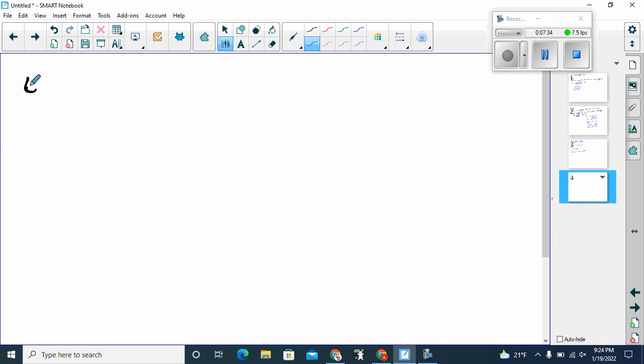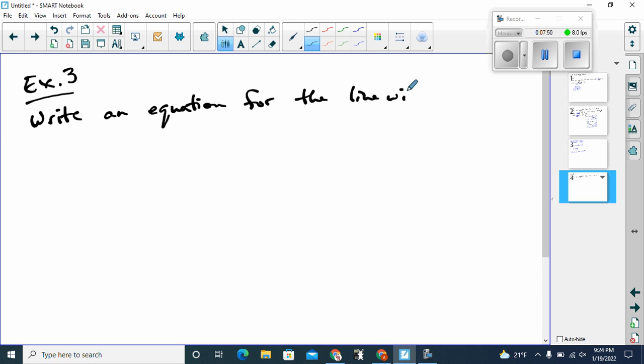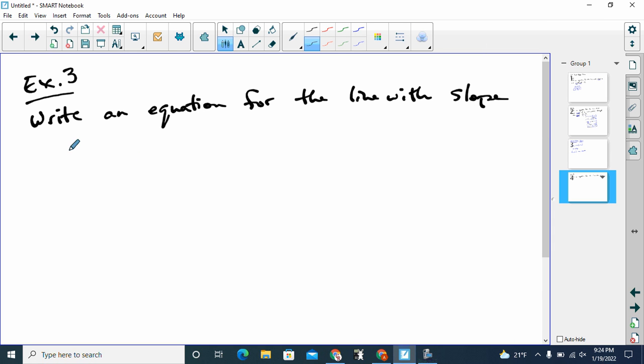Example 3, same type of problem. It asks us to write an equation for the line with slope -1/2 that passes through (-4, -7).